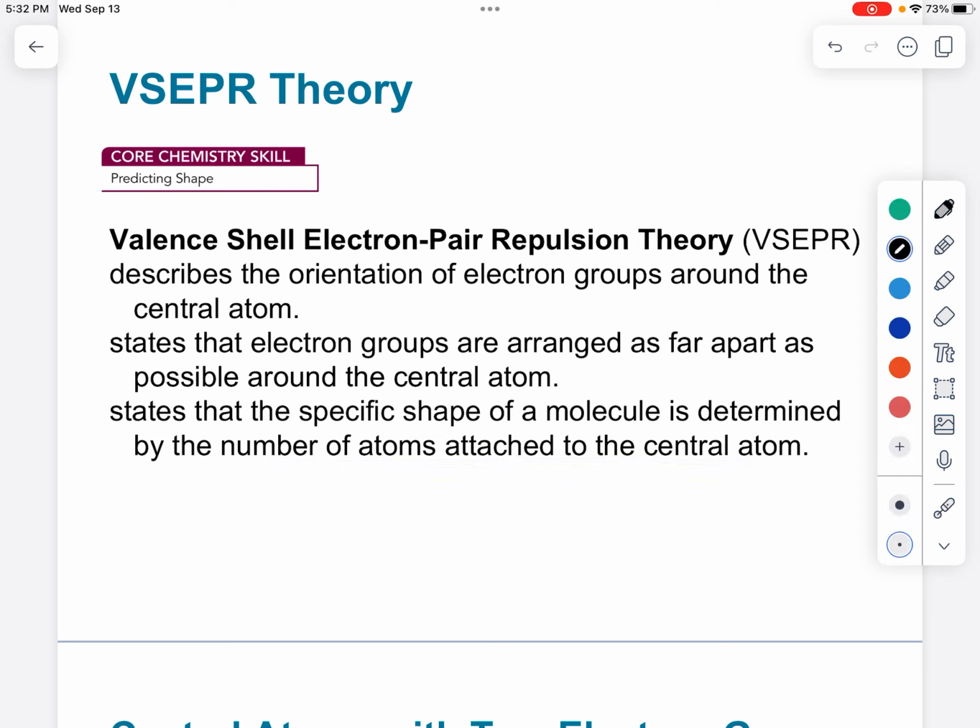And really, by atoms, it's atom groups, or number of what we will call electron groups. And for this, we have unbonded pairs of electrons that they count as an electron group. A single bond counts as an electron group, a double bond counts as an electron group, and so does a triple bond. They all count as one group because they move together.